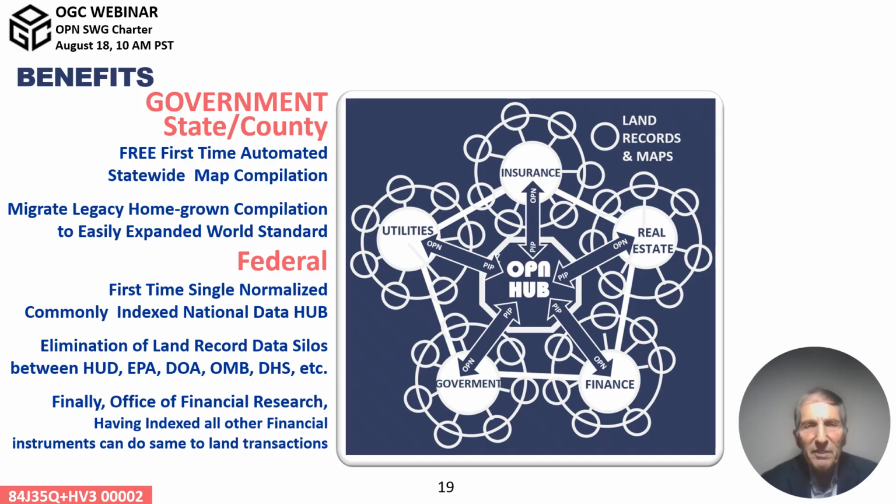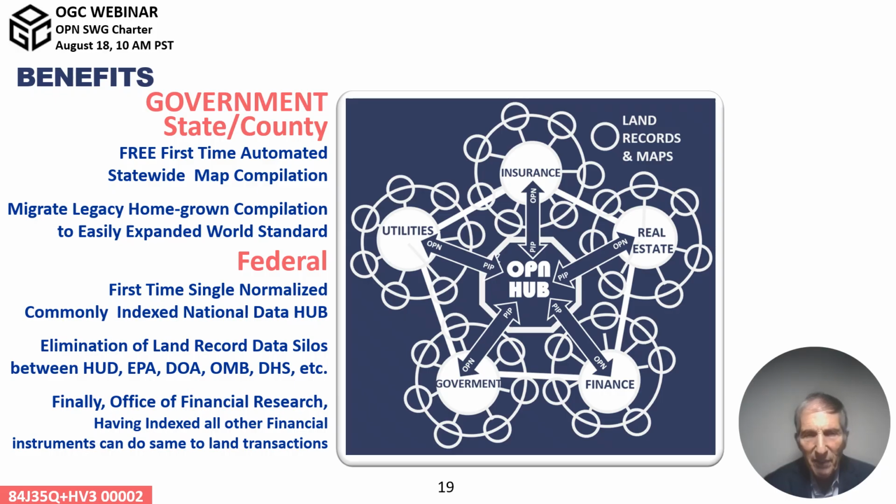UCPI benefits ameliorate operations across utilities, government, finance, real estate, and insurance. For many states, UCPI is a free first-time automation of statewide map compilation. If that is already in place, UCPI offers the option to migrate one-off, homegrown back offices to easily expanded worldwide standard API.